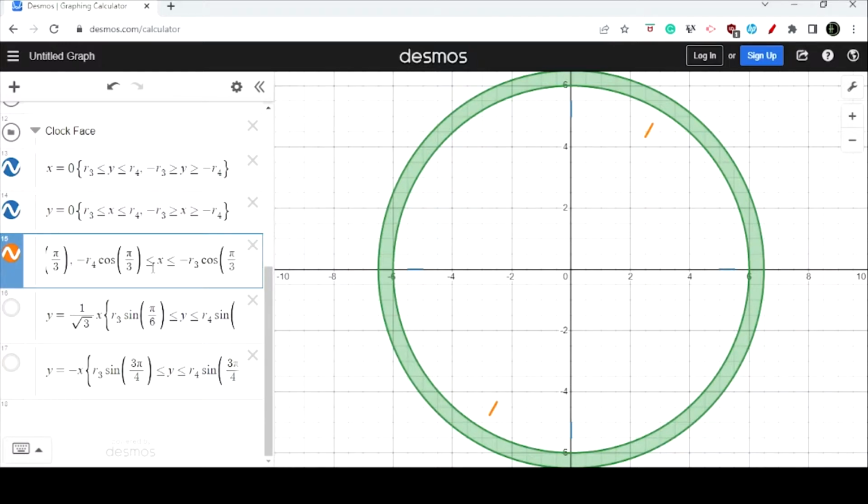Also, when you apply trig functions, the angle starts from this positive horizontal side, and starts counting upwards in a counterclockwise direction.